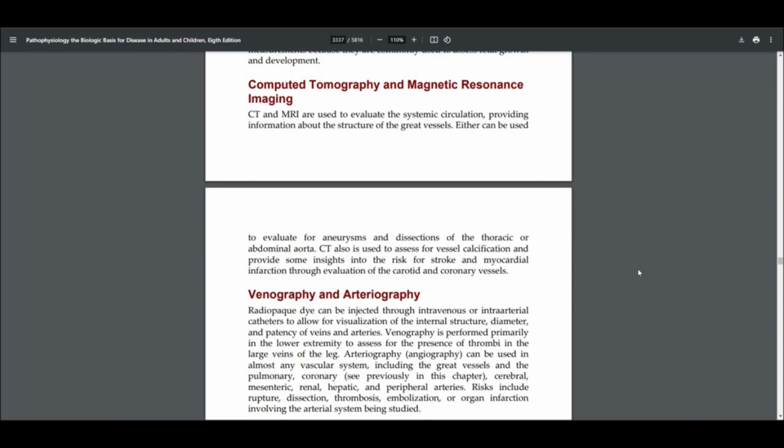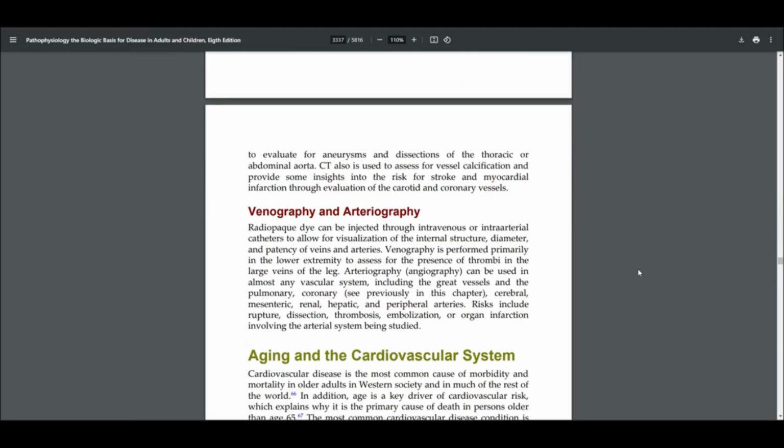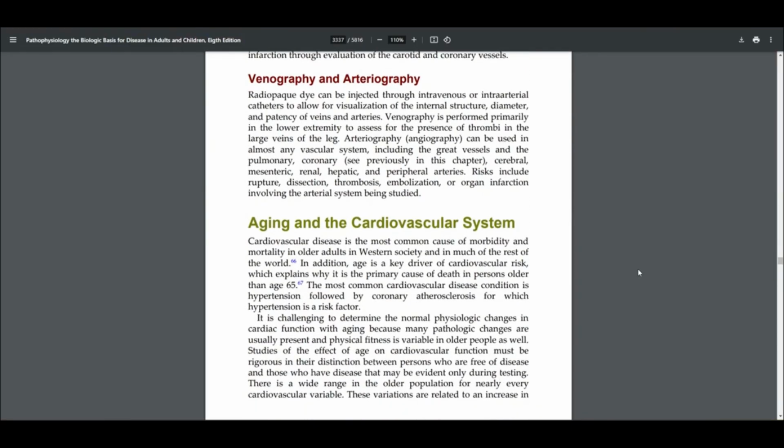CT also is used to assess for vessel calcification and provide some insight into the risk for stroke and myocardial infarct through evaluation of the carotid and coronary vessels. In venography and arteriography, radiopaque dye can be injected through intravenous and intraarterial catheters to allow for visualization of the internal structure, diameter, and patency of veins and arteries.